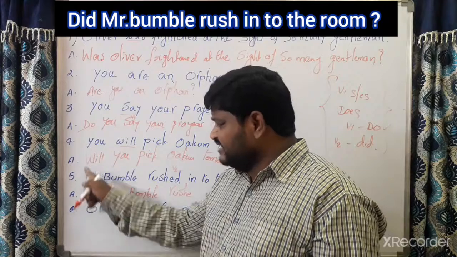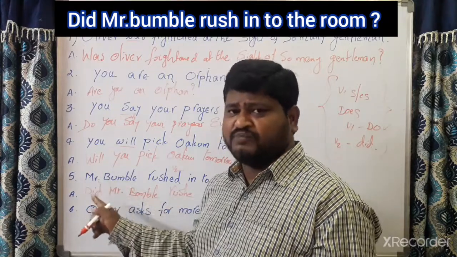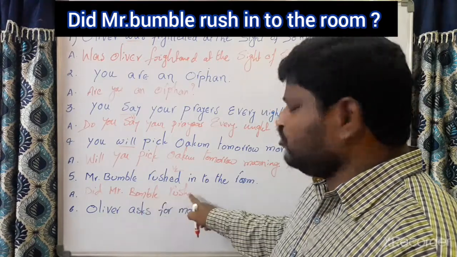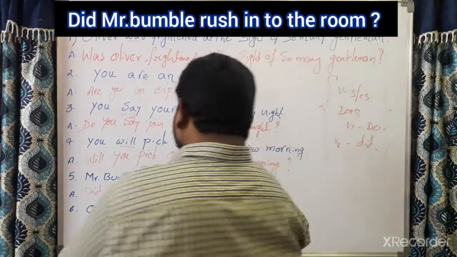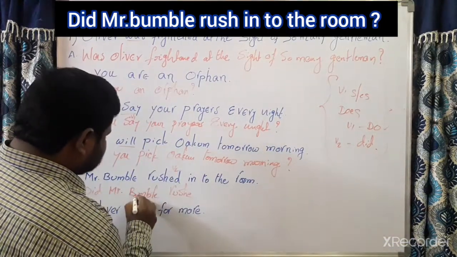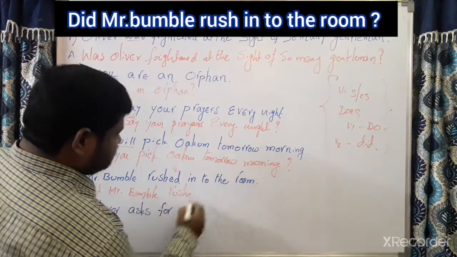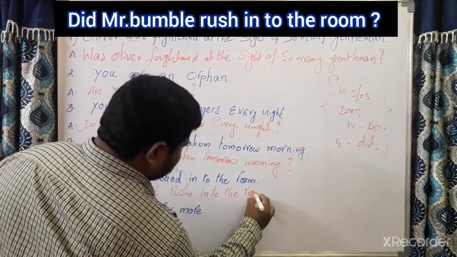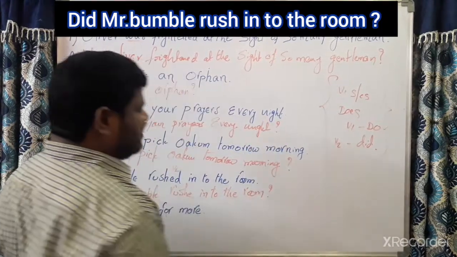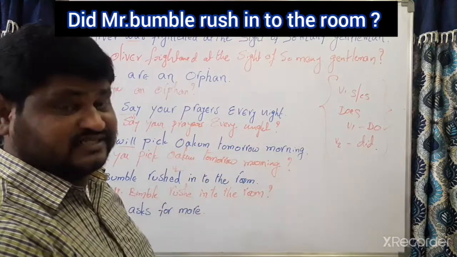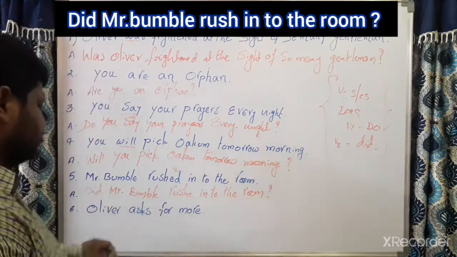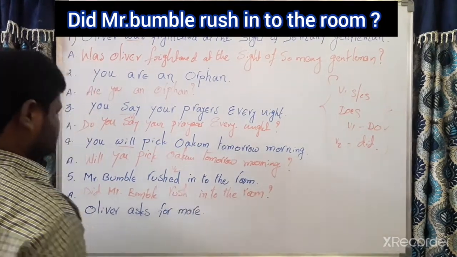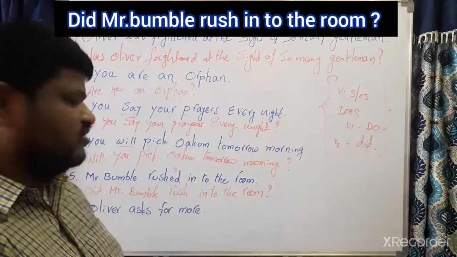When we have taken the helping verb did in the sentence, again you should not write the V2. You have to write only the V1. Okay, did Mr. Bumble rush into the room? Immediately you have to put the question mark after finishing this sentence.